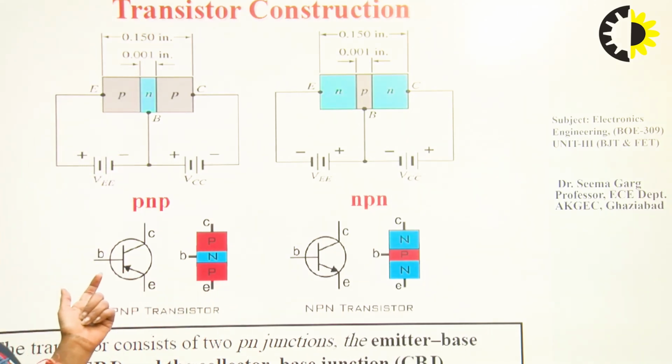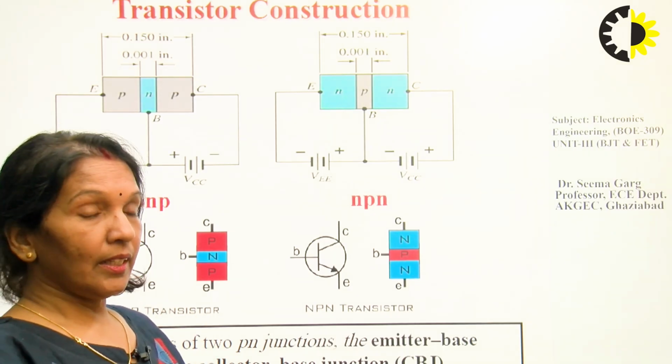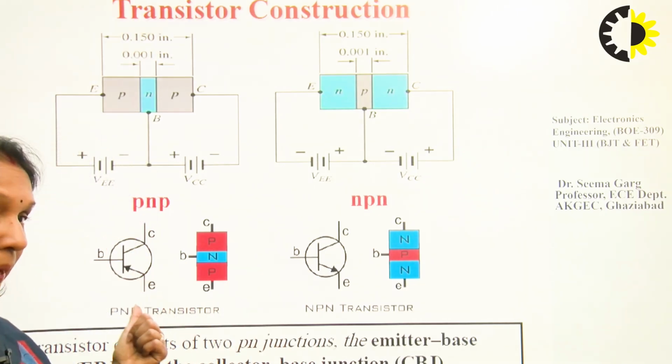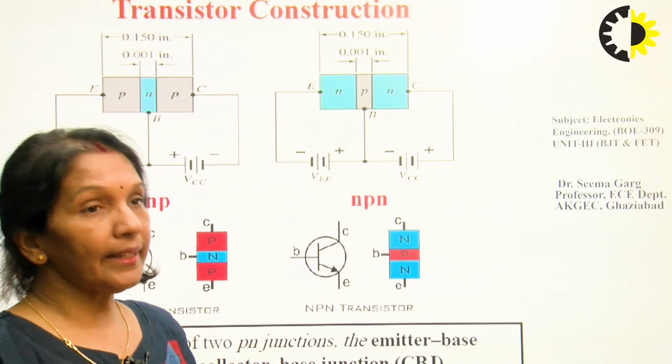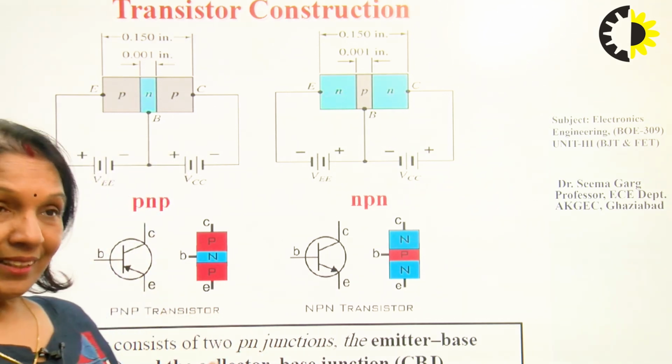In the PNP type of transistor, the current is moving inward into the transistor, and this depends upon how the current is flowing in the circuit.